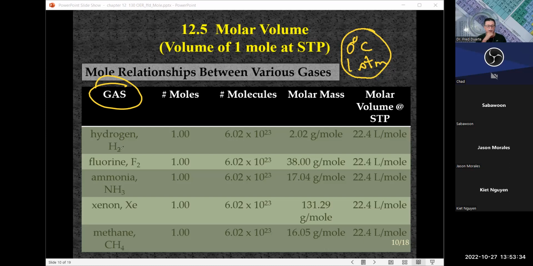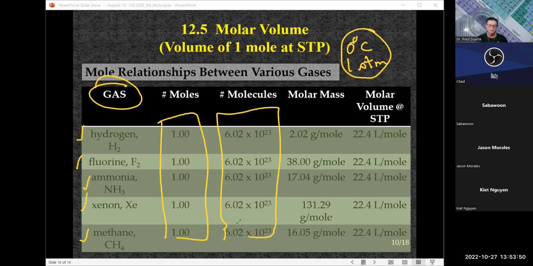So if we look at hydrogen gas, fluorine gas, ammonia gas, xenon gas, and methane, all of them have in common that we have 1 mole of those gases, right? Which means that they have Avogadro's number of those gases. They're each going to have a different molar mass.